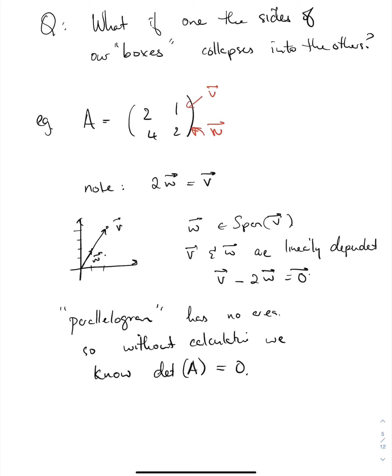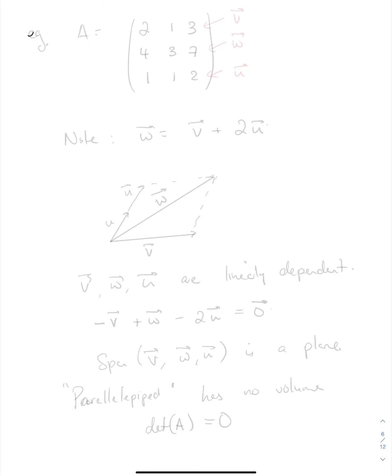Let's do another example. If A is equal to 2, 1, 3, 4, 3, 7, 1, 1, 2. We can think of this as a matrix, of course, but we can also think of this as 3 vectors, V, W, and U. Notice W is equal to V plus 2U.